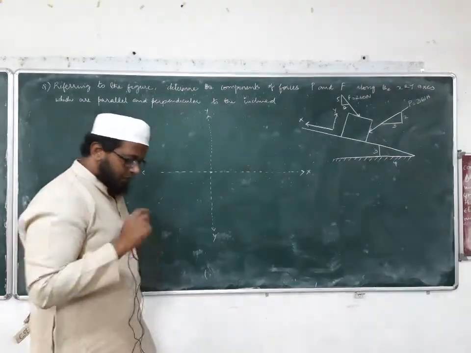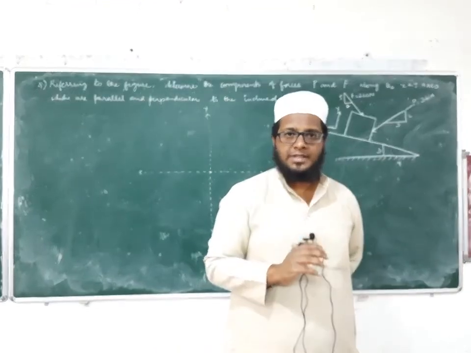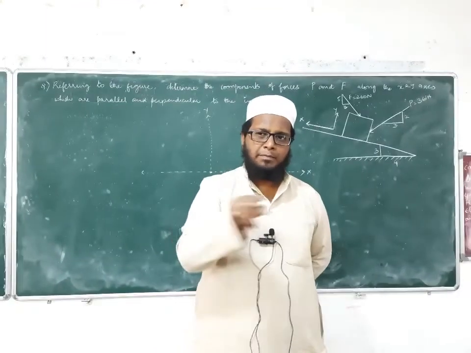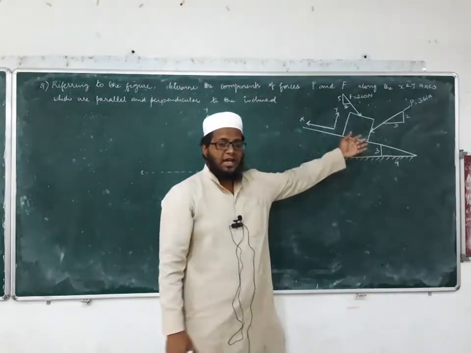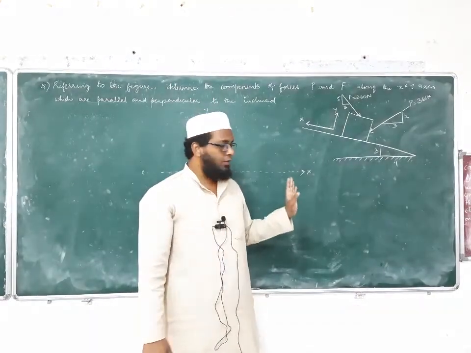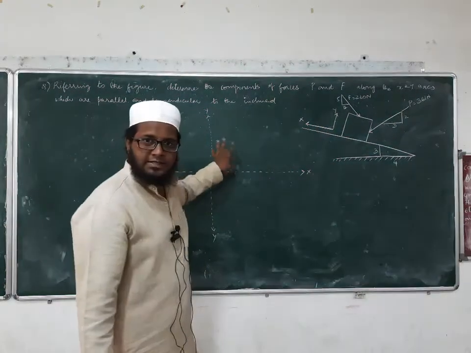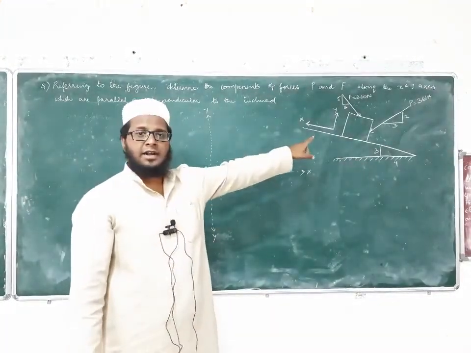Since the forces are also inclined, what happened to the forces? In the previous case, all the forces were exactly horizontal or perpendicular. But in this case, the forces are also inclined. In the previous problem, we used to rotate the axis, either clockwise or anti-clockwise. But when the forces are inclined, what do we have to do?